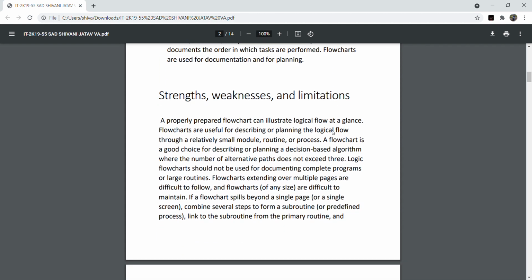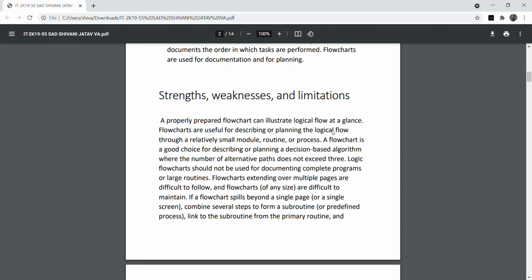Strength, weaknesses, and limitations. A properly prepared flowchart can illustrate logical flow at a glance. Flowcharts are useful for describing or planning the logical flow through a relatively small module, routine, or process.